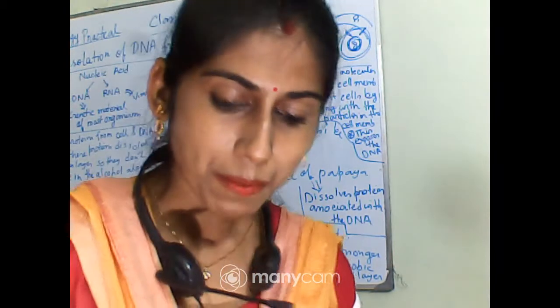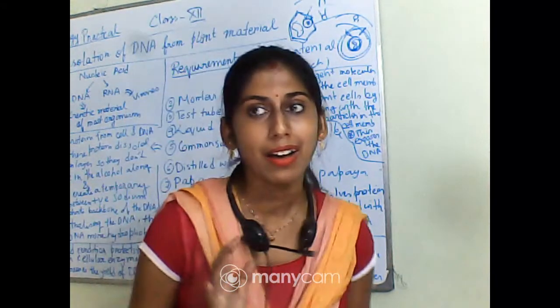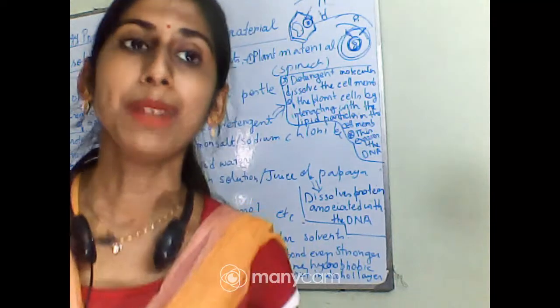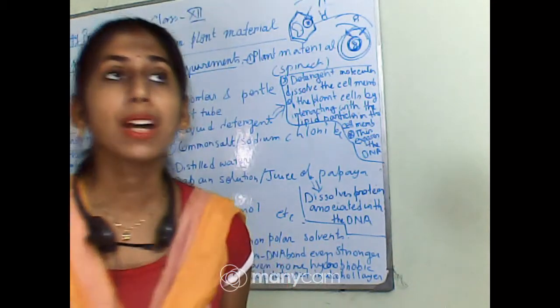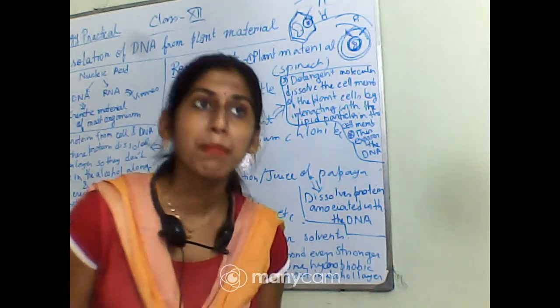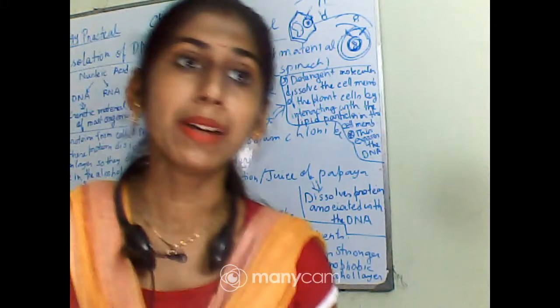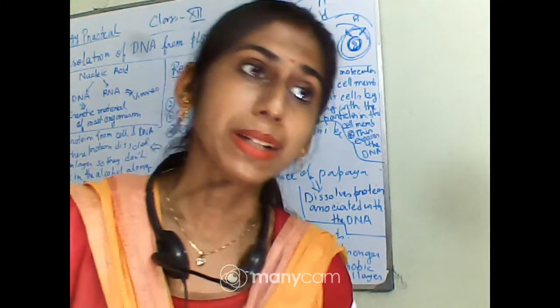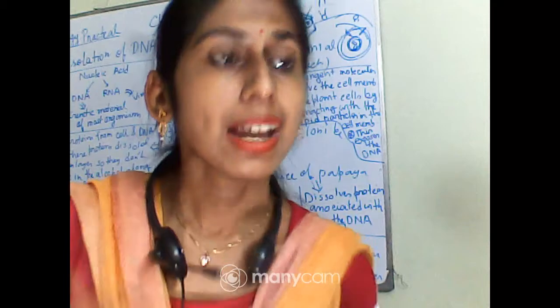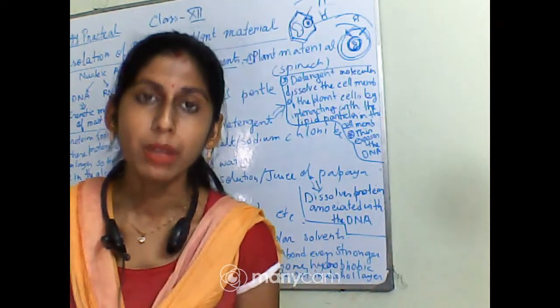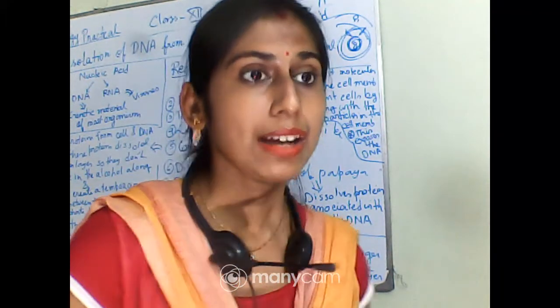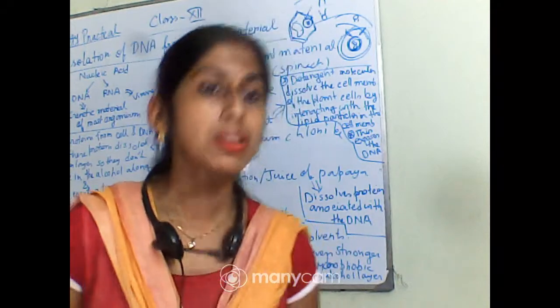So you can remember that the male has gonads, from where we get male gametes, that is sperm, and from the female body we get the egg, the ovum, which is called the female gamete.